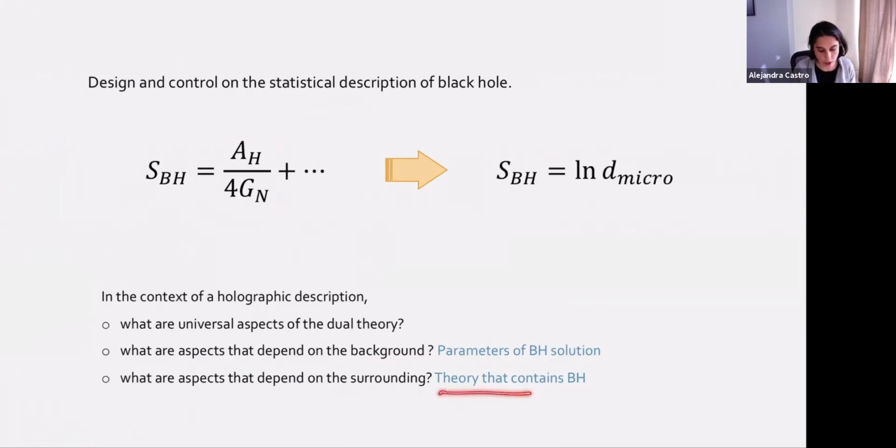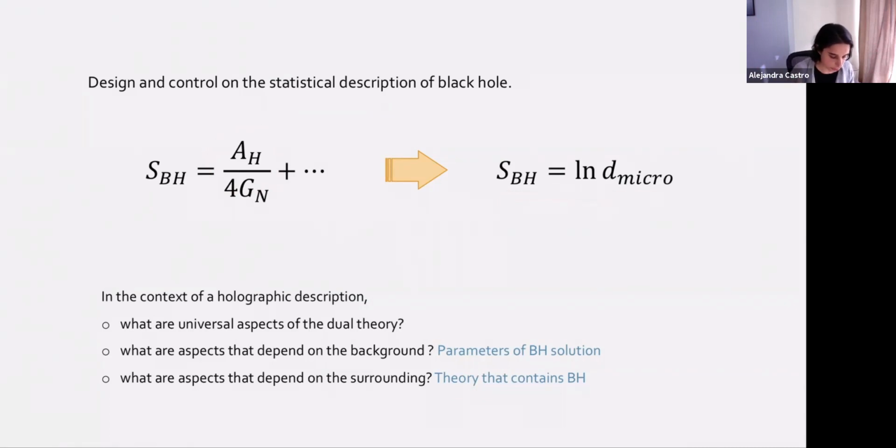In the most basic setup, it will be a context of, for instance, having black holes that are asymptotically flat versus black holes that are asymptotically AdS. So this can be something you can think of like the surrounding. Okay, so not just properties of the horizon, but actually the environment that holds the black hole and how that affects this interpretation. So with that said, this is basically the overall picture that we have in mind.